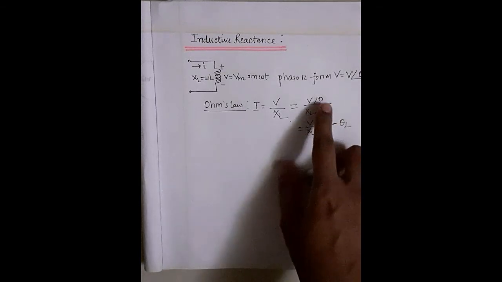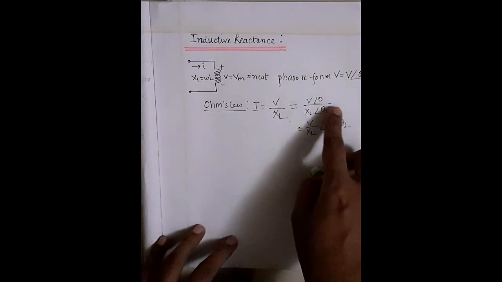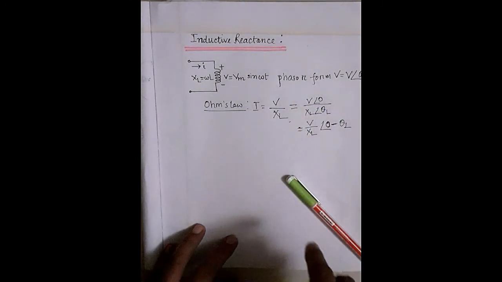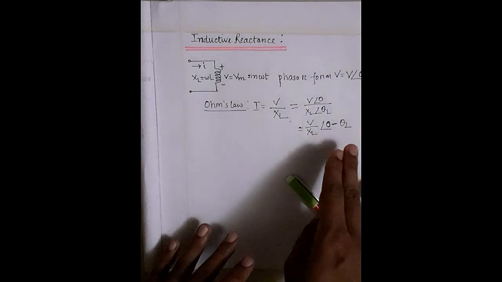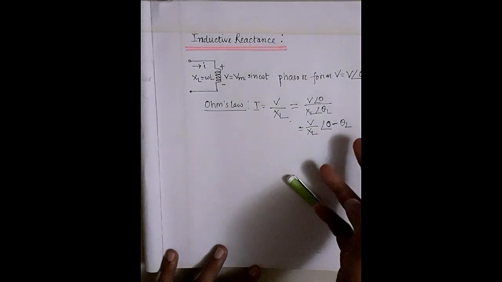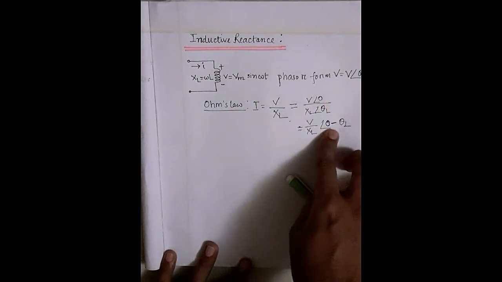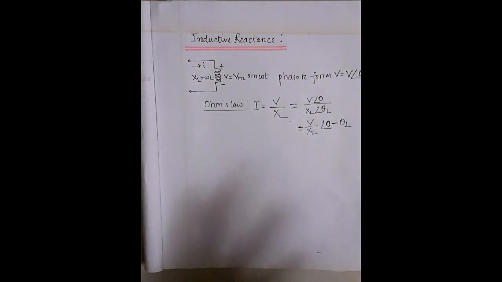If some phasor form is in the numerator and another phasor form is in the denominator, what we actually do is subtract the value in the denominator from the numerator, and this is how it is written. So you need to remember this one.